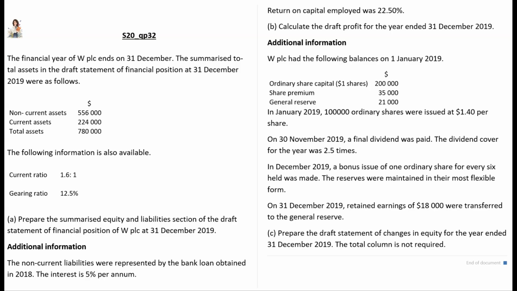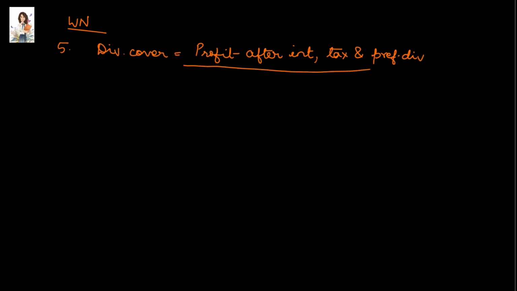On 30th November, a final dividend was paid and the dividend cover for the year was 2.5 times. Let us prepare a working note for this. So this is working note 5. We know the formula for dividend cover is profit after interest, tax and preference dividend upon dividend paid.